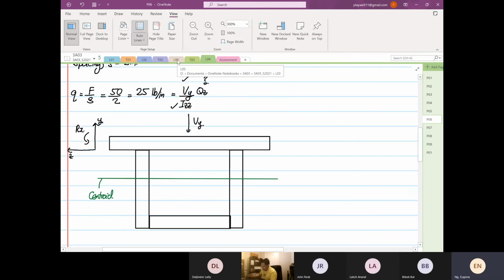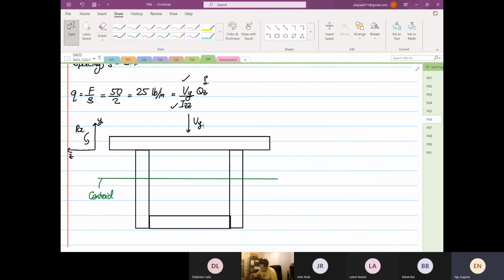So rule number 5 is what? Is controlled by the web, right? So you construct the shear flow on the web first, right? The web controls it, right? These are the web, right? So it goes down this way.